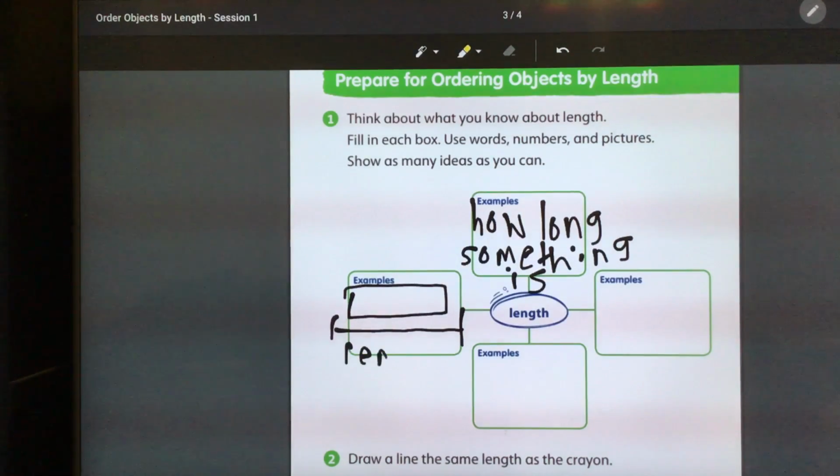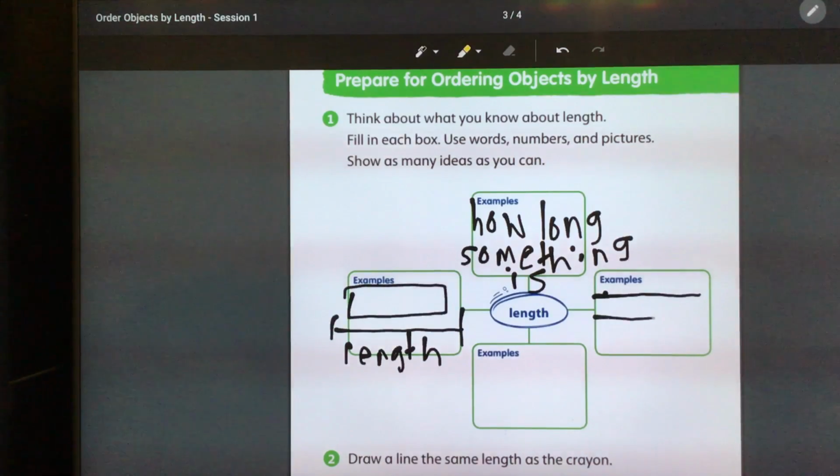That's how long something is. Okay, and then to use a picture, I'm going to draw 3 lines. So I'm going to start here at the green and go 1, 2, 3.